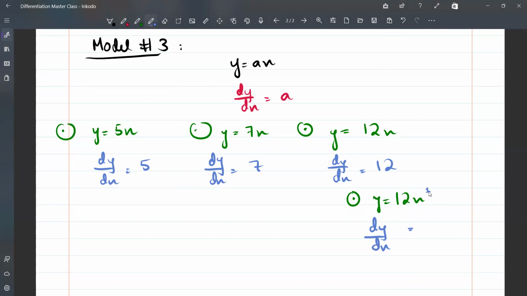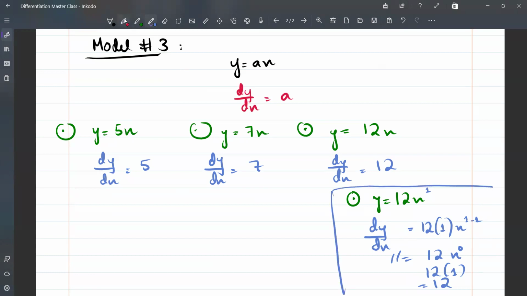So the 1 comes down, 12 is multiplied with 1 as per the previous models, and x power 1 minus 1, which gives us 12x power 0. And anything raised to the power 0 is 1. So the answer eventually is 12, all right? So this is the logic behind it as per the previous modules.